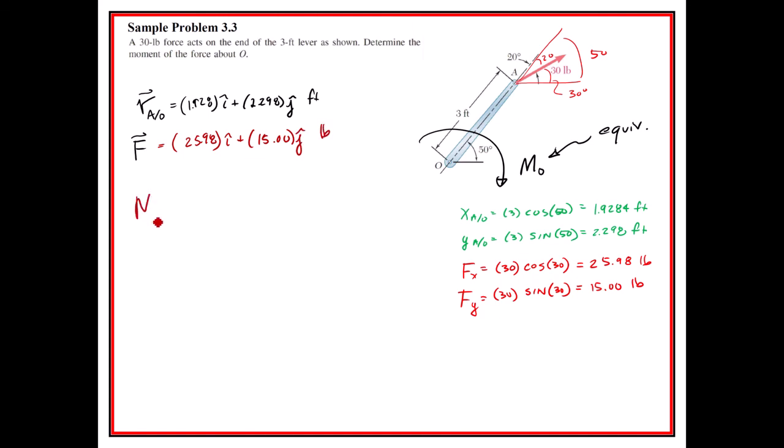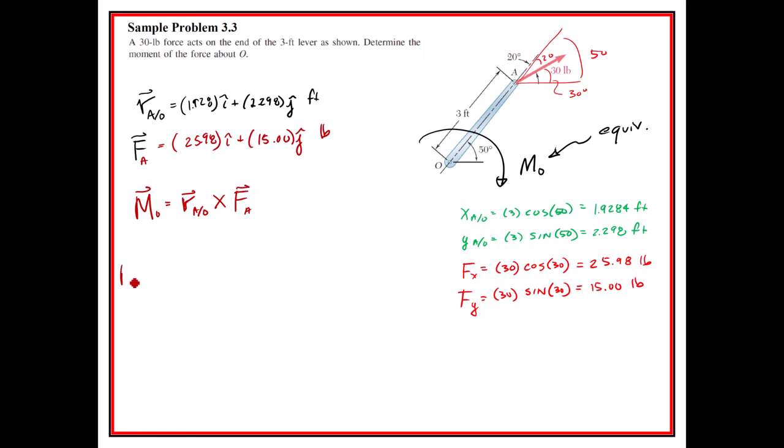So I want to find the equivalent moment, which is going to be my R, A with respect to O, crossed with F, and this is the F at A, so I probably call it FA right here, right?